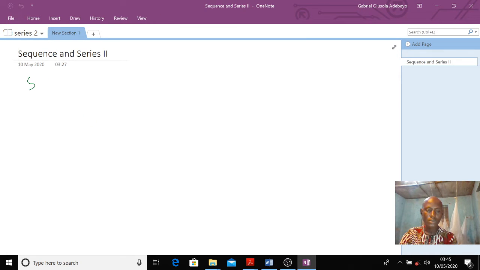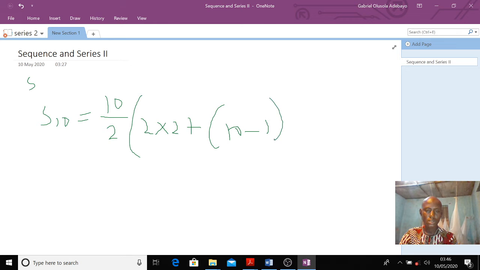So we are going to have S10 is equal to 10 over 2 bracket 2 times 2 plus 10 minus 1 times 2. So which is 5 bracket 4 plus 9 times 2.